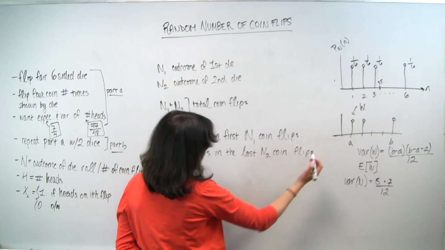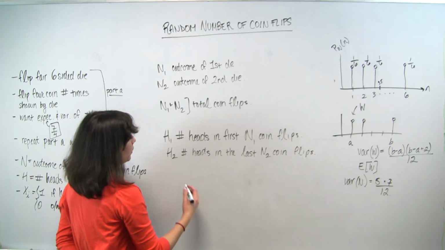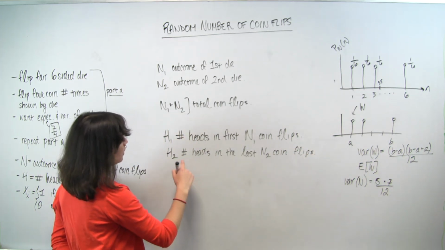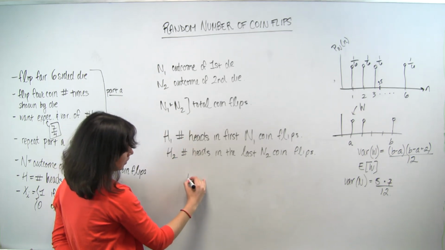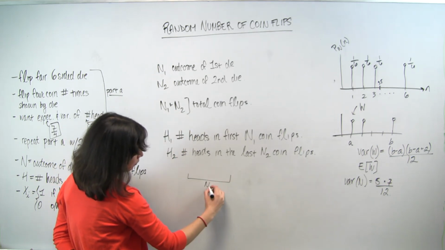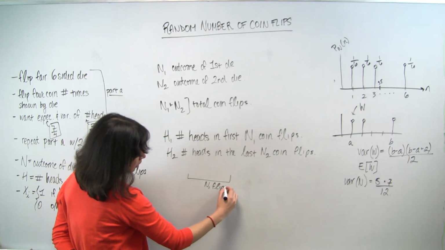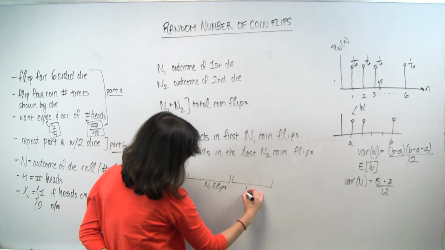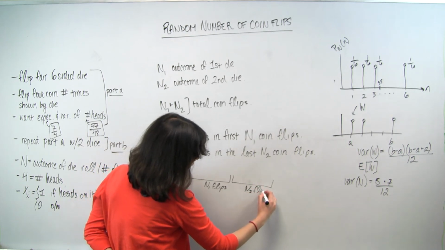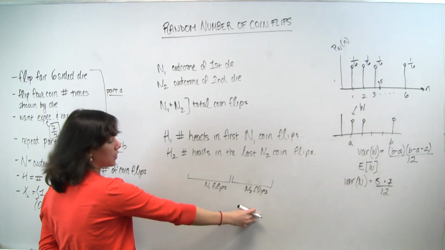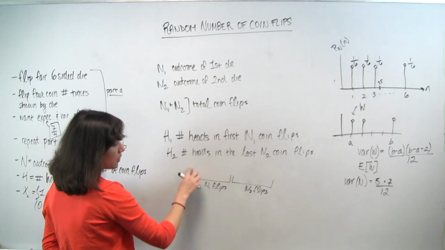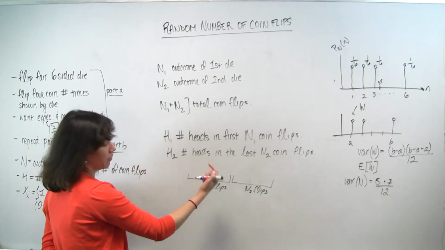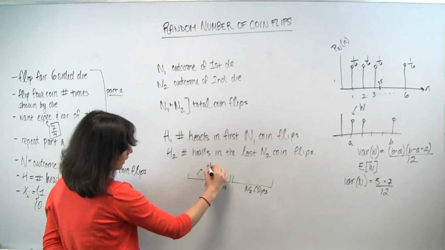So hopefully that terminology is not confusing you. Essentially what I'm saying is N1 plus N2 means you'll have N1 flips followed by N2 flips for a total of N1 plus N2 flips. Within the first N1 flips, you can get some number of heads, which we're calling H1.